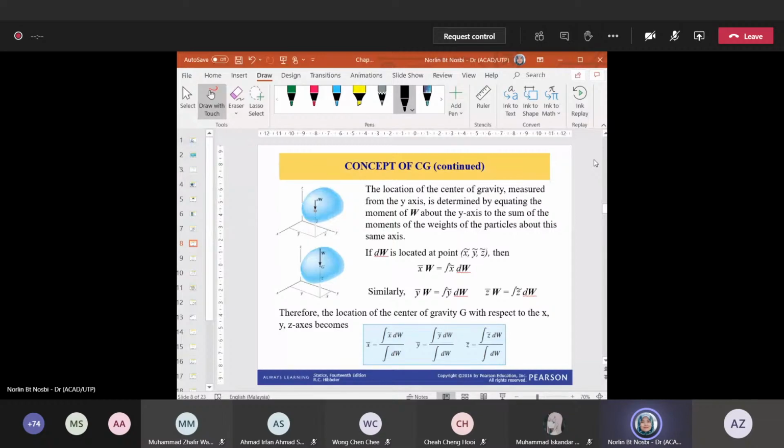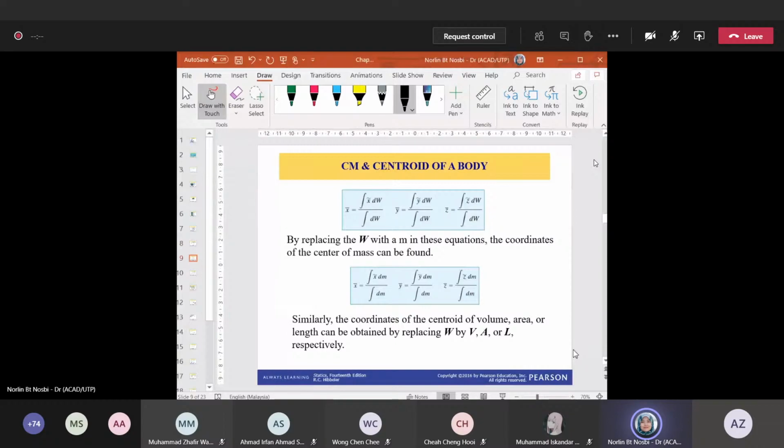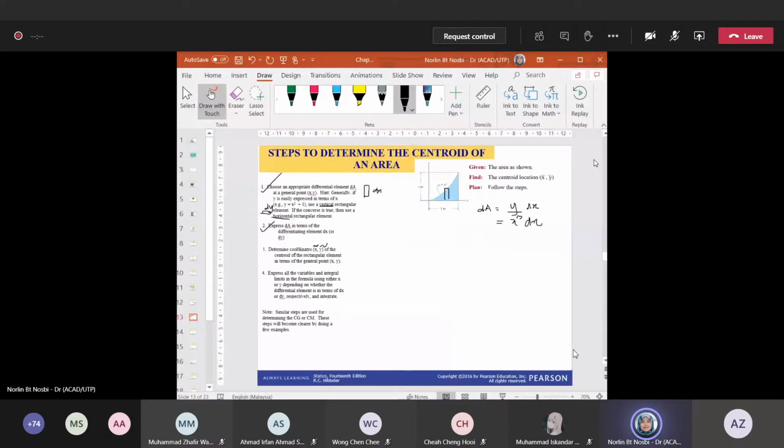So in our situation, you need to find the x tilde and y tilde. So where are the x tilde and y tilde? Okay, no one answered it. So it would be at the center of this rectangle.